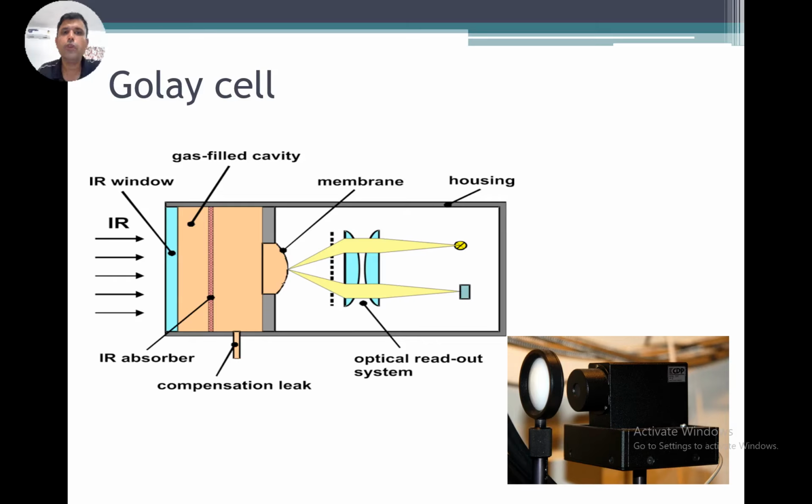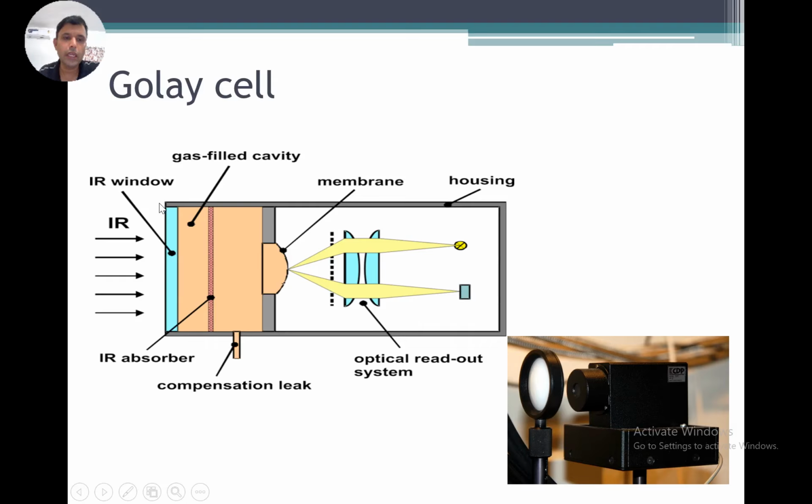Then the next one is the Golay cell. The Golay cell is a simple metallic tube. This metallic tube is divided into two portions. The first portion is a tube filled with inert gases like neon, nitrogen or helium.